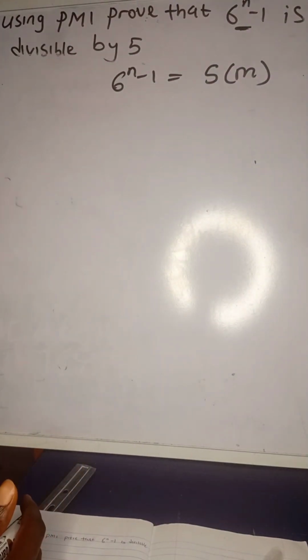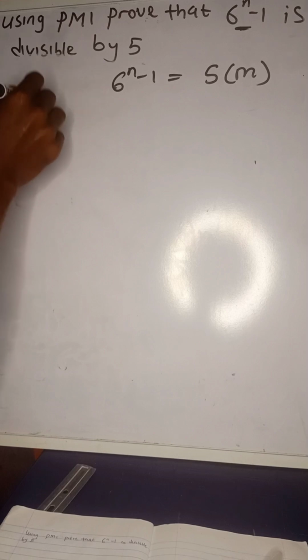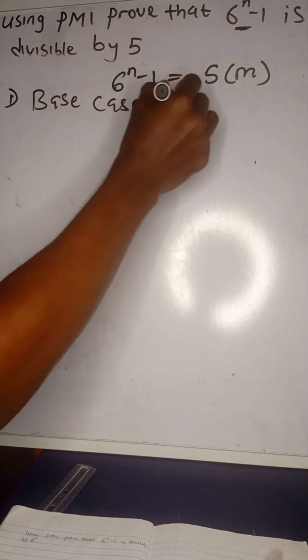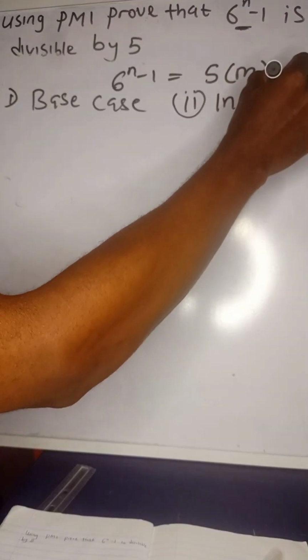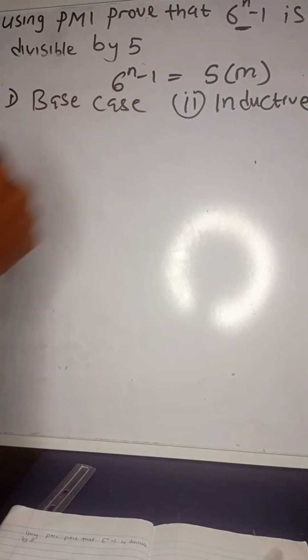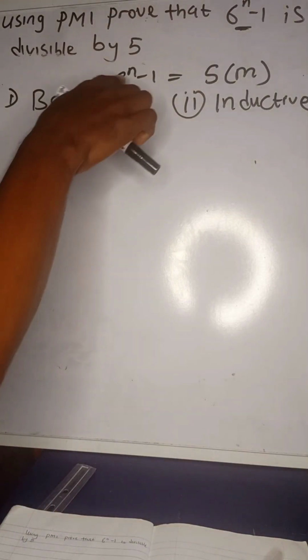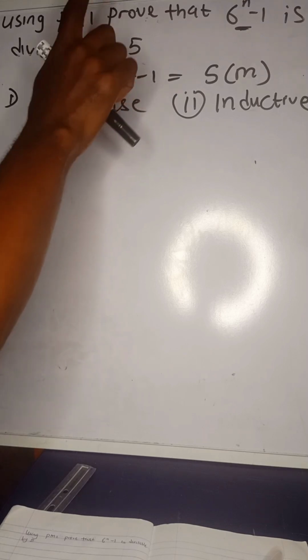So there are two approaches to proving anything in PMI. The first approach is called the base case. We will have to consider the base case. Then we have to consider the second approach, which is the inductive case. The base case is literally when we substitute, because we are dealing with natural numbers, n with 1.